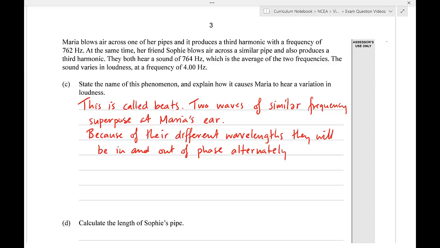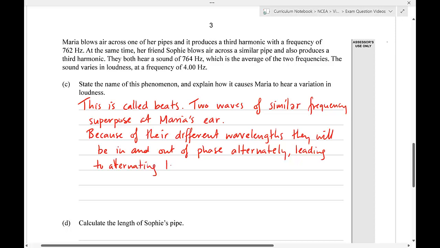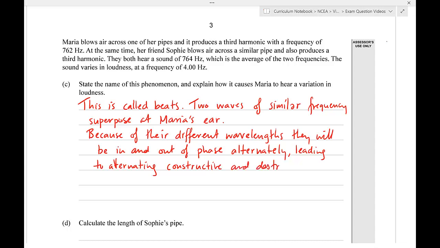Because of their different wavelengths, they will be in and out of phase alternately, leading to alternating constructive and destructive interference.